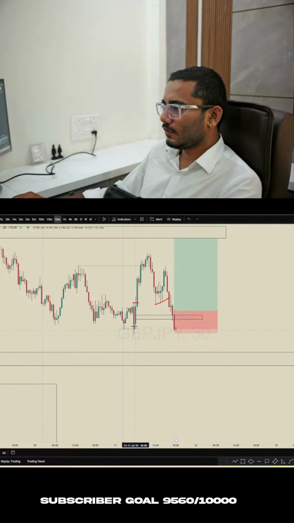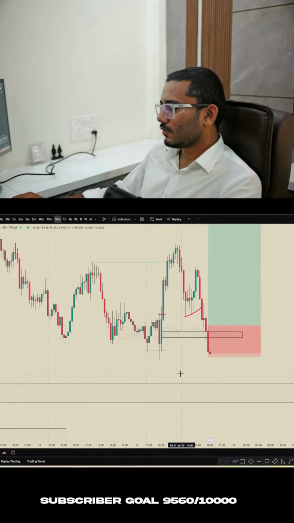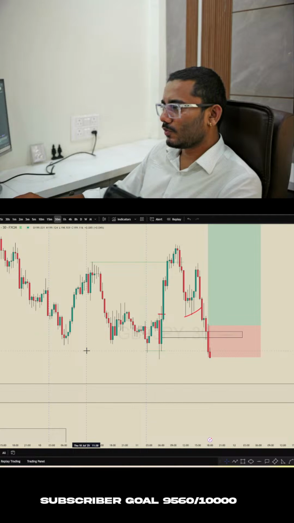like this. This was a good setup. Price, with the liquidity, broke the structure. Okay, finally price has swept the stop loss.